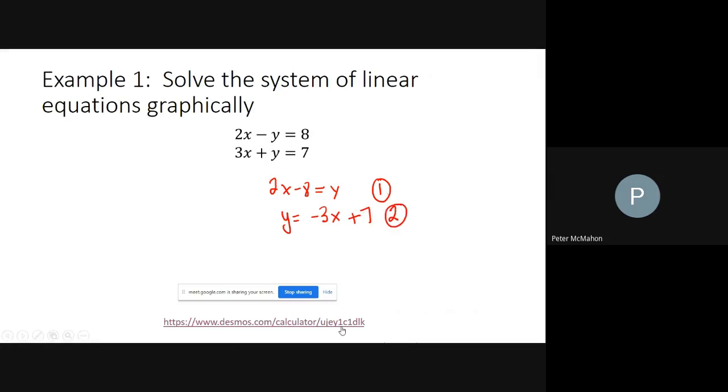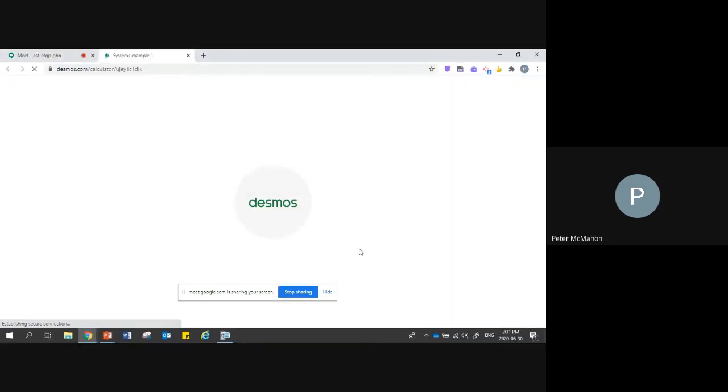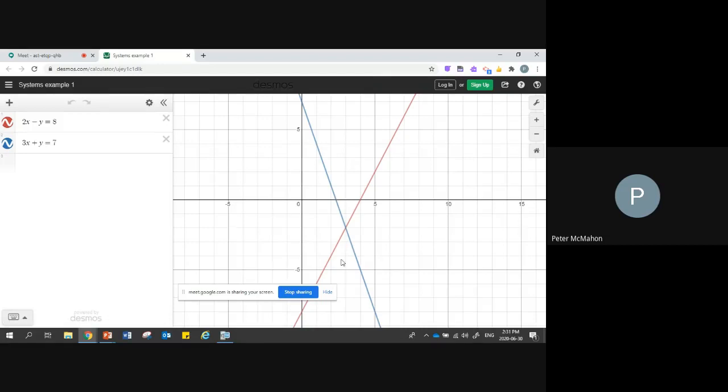So when we see this on this screen here, we have the red equation, which is 2x minus y equals 8, and our blue equation is 3x plus y equals 7. So the idea is that any point that lies on this blue line here is going to be a solution to this equation, and then any point that lies on the red line here will be a solution to this equation over here.